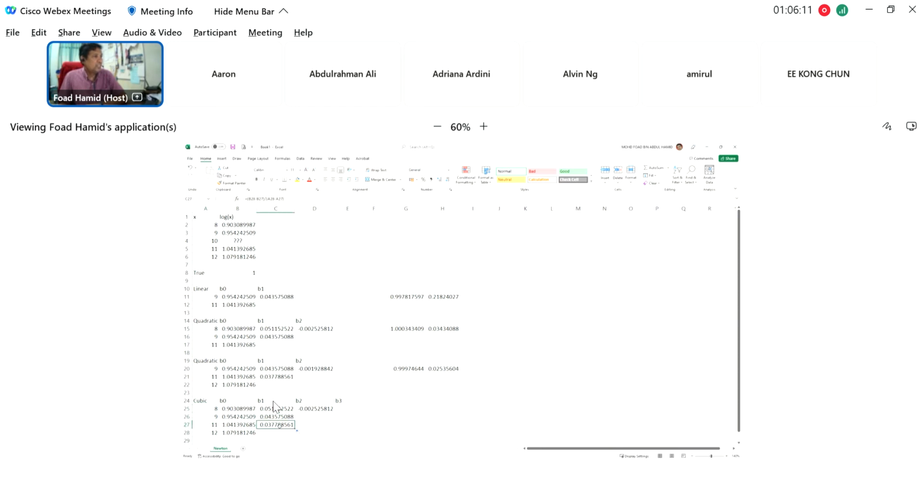This is basically the change of this to this divided by this to this. This point is calculated up to 11, so this one should be up to 12. And B3 is just the change of slope for this one.